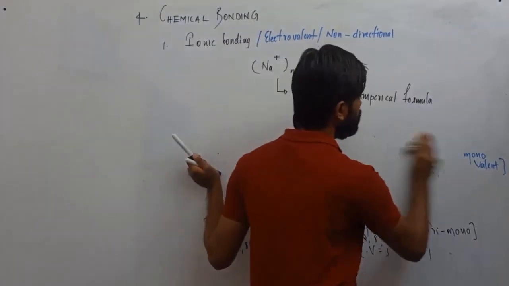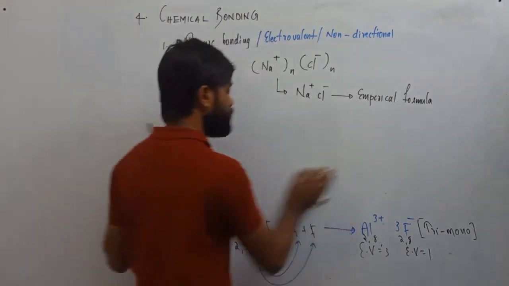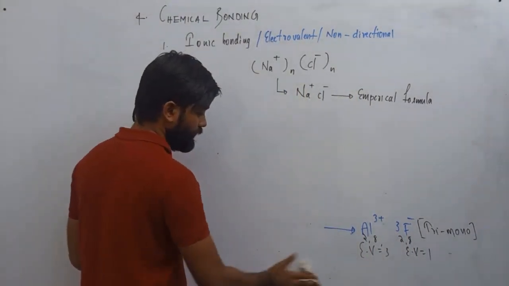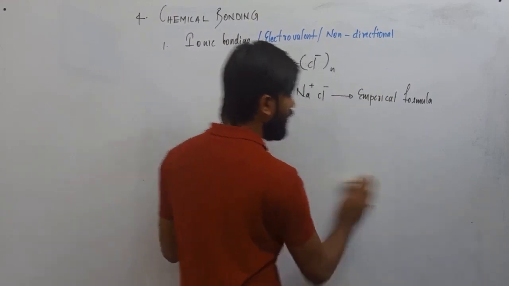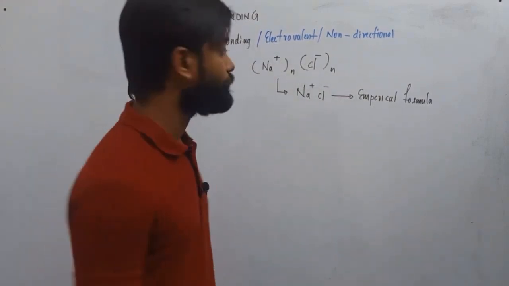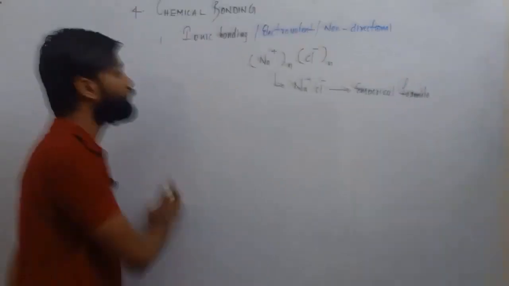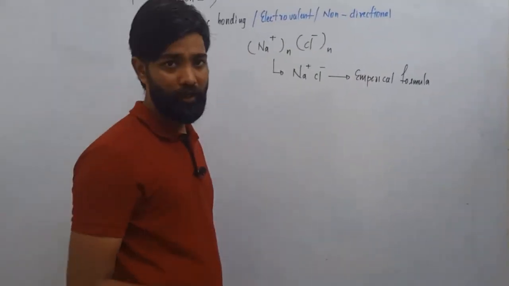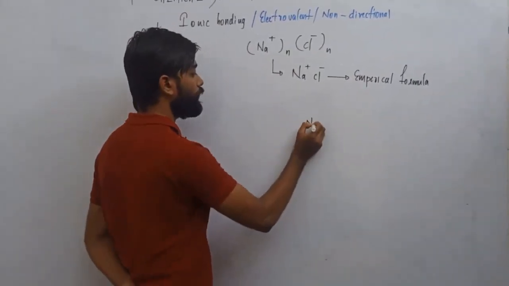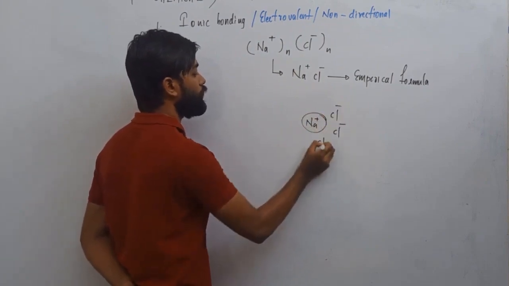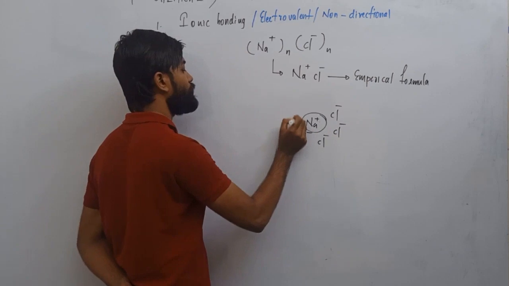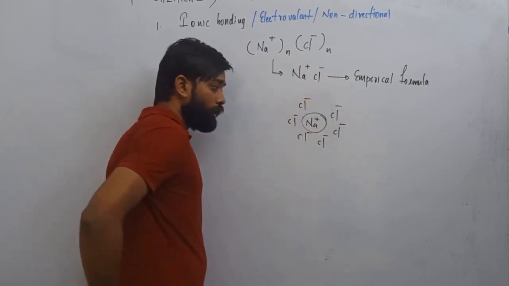Since the force of attraction in an ionic compound is balanced, the molecule has no specific direction. That means we have Na plus surrounded by what? Cl minus, a lot of Cl minus.